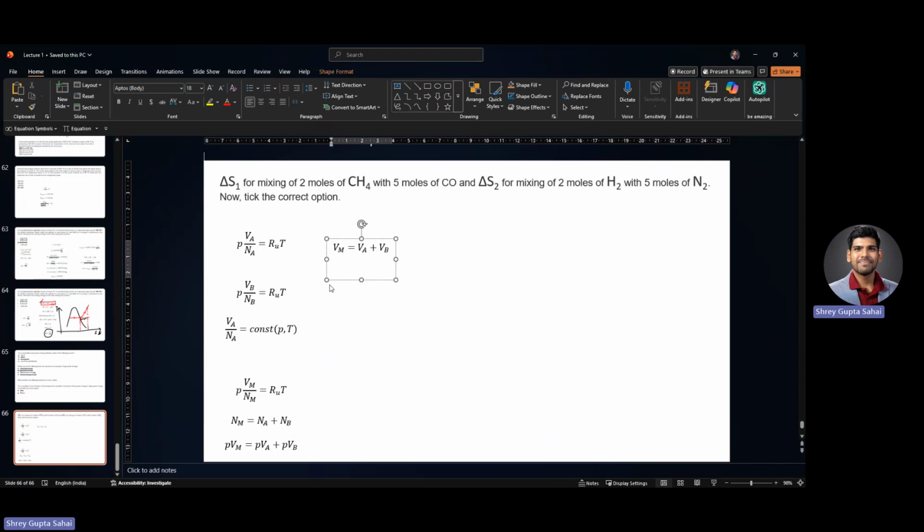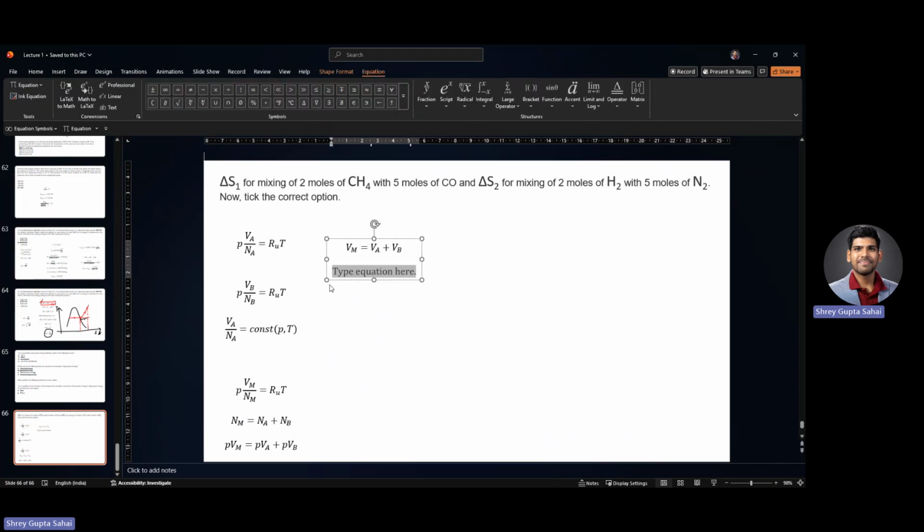Anyways, so suppose you have a system where you have two gases separated. So what will its entropy be? We know that TdS is dH minus VdP.